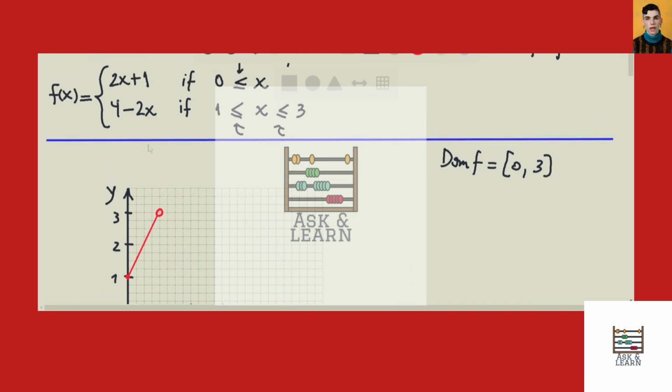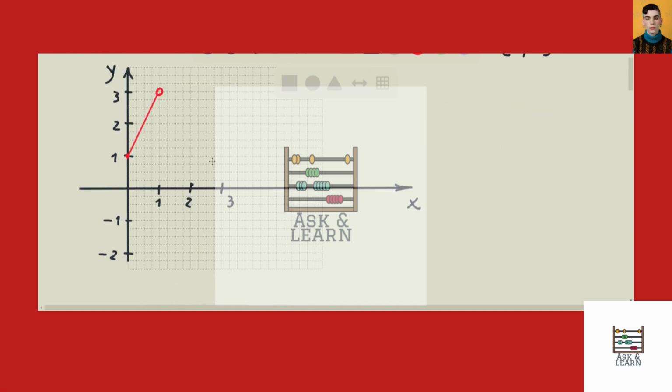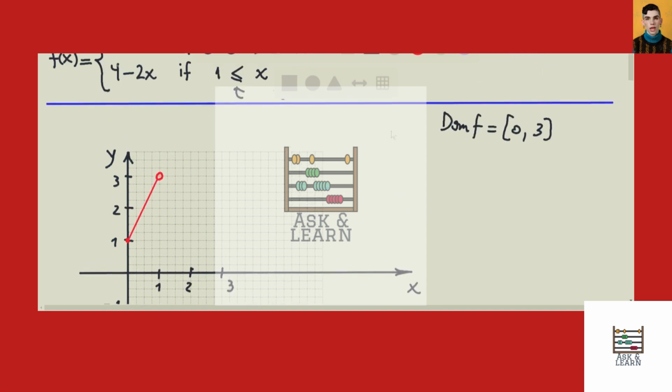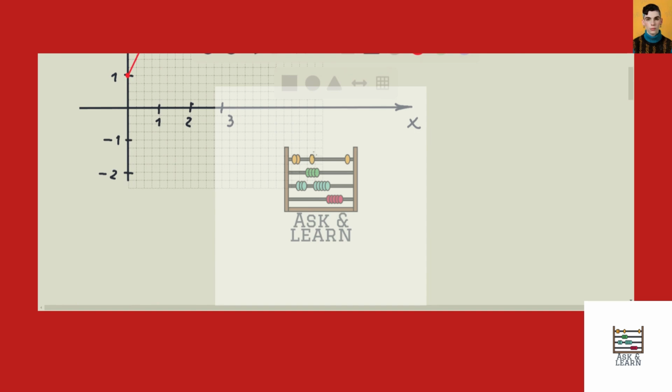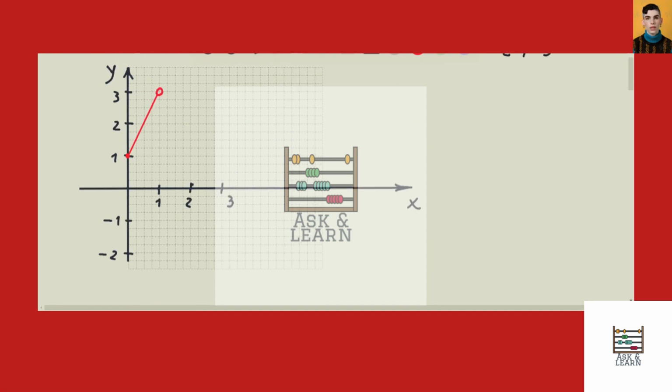And now the second piece, a straight line again. For x equal 1, the image is 4 minus 2, which is 2. So at 1, the value is 2, and it is included in the graph, that is this point here.